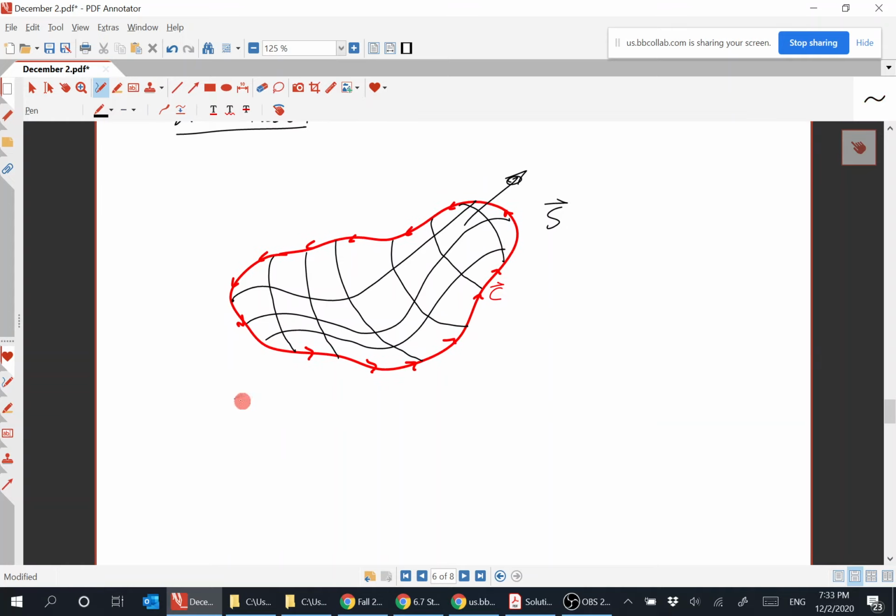And Stokes' theorem says that the line integral over C of F dot dr is equal to the surface integral of the curl of F dot dS.